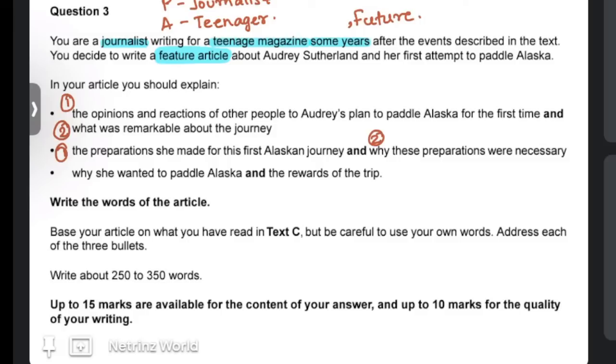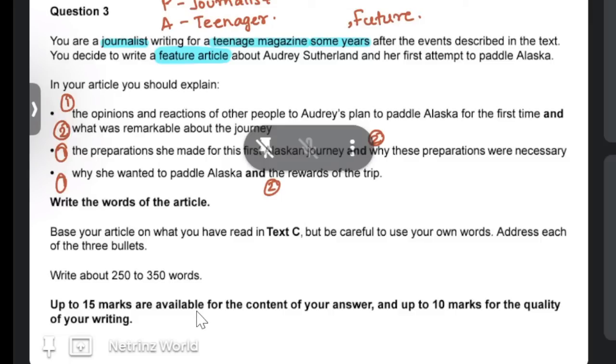Third, why she wanted to paddle Alaska and the rewards of the trip. So again point number 1 and point number 2. Technically, in each bullet point, you are supposed to answer 2 questions. So accordingly, you will pick implicit as well as explicit ideas from the text.